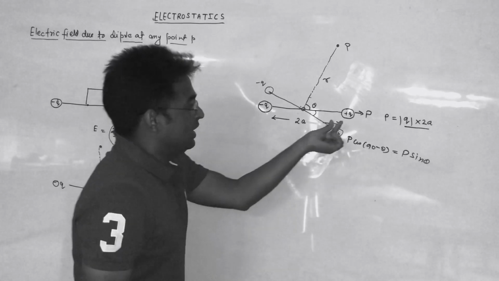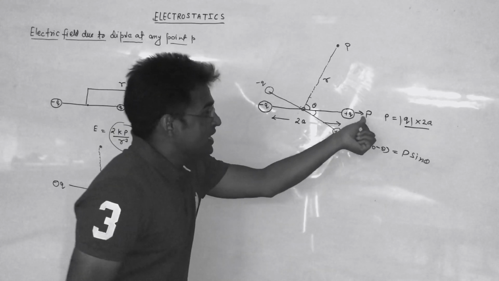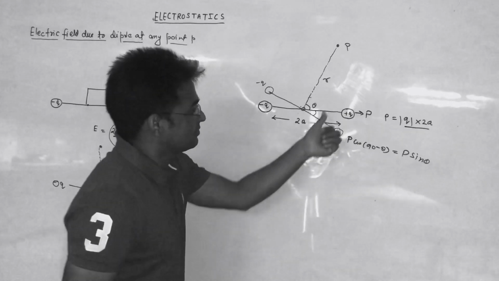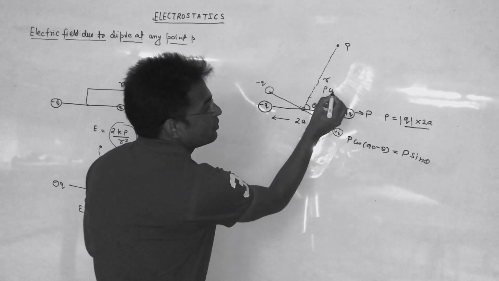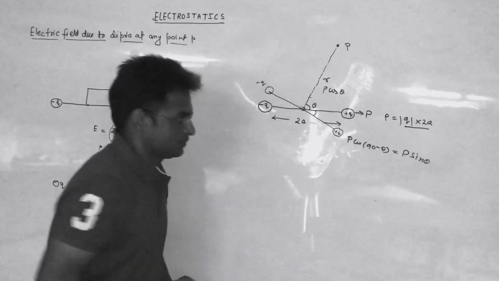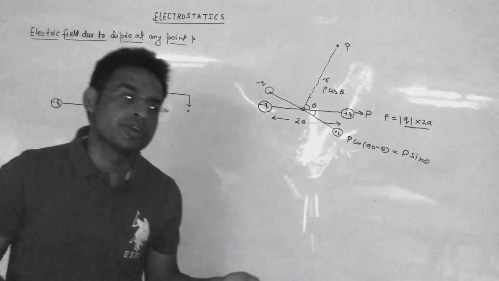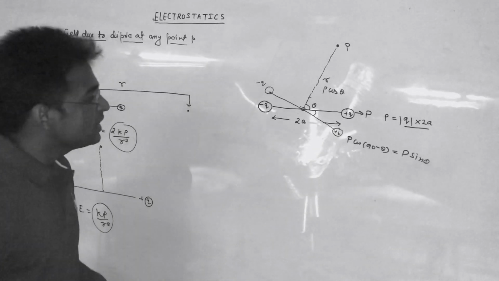Now, the dipole moment p along this line will be p cos theta. See, just like a vector, we divide it into two components: one is the cos component, another is the sin component.